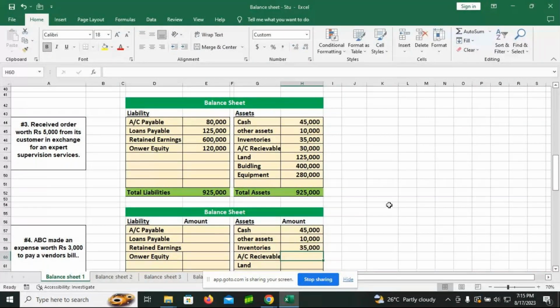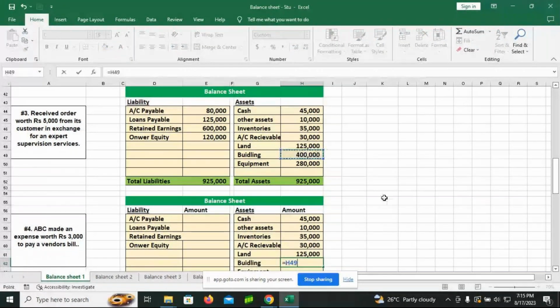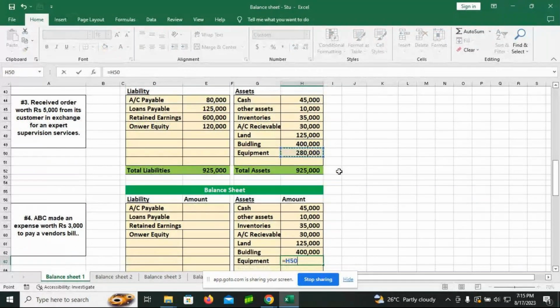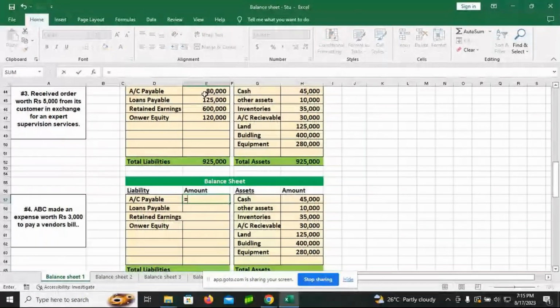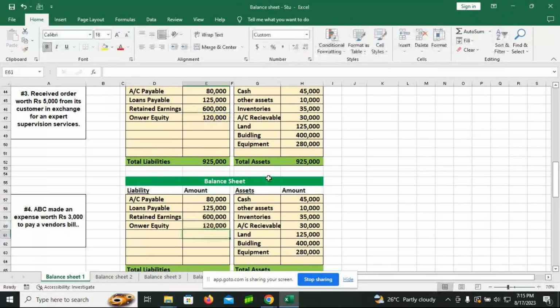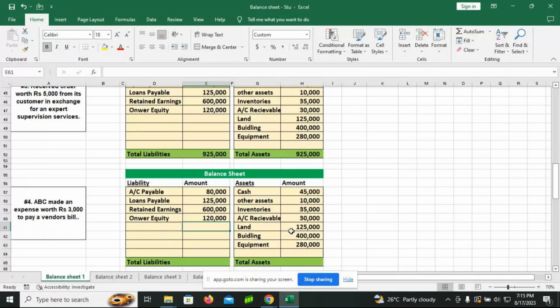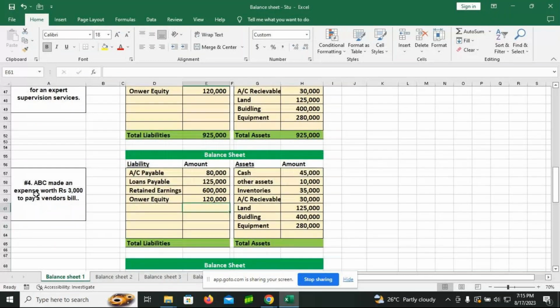Inventories, receivable, land, building, equipment. And this side, account payable, loan payable, retained earnings, and owner's equity. So here they are telling ABC made an expense worth rupees 3,000 to pay a vendor bill. So here we are spending 3,000 rupees from the cash, so minus 3,000.